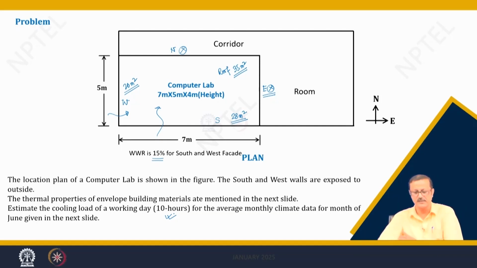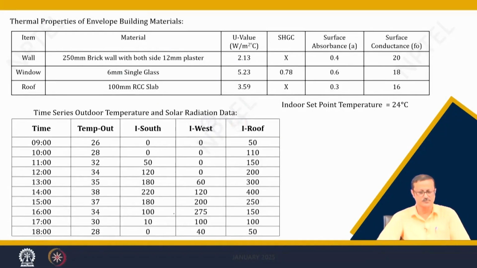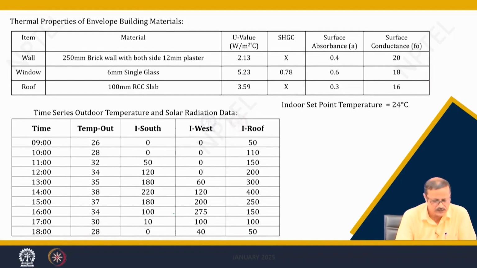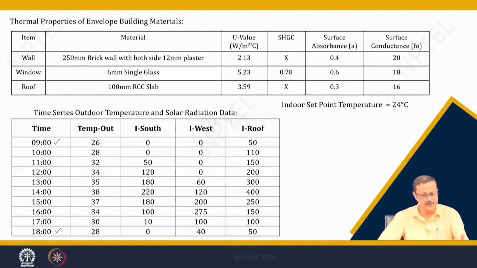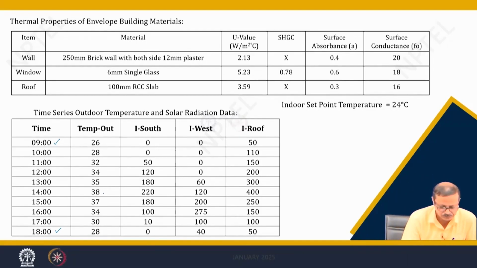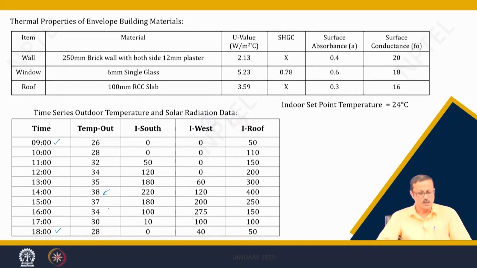Average monthly climatic data of some month is given, for the month of June suppose. The time series data is given from morning 9 to evening 6. The outdoor temperature starts from 26 degrees and goes as high as maybe 38 degrees at 2 o'clock, and then it comes down again. We are also given the solar radiation on the southern side, the western side and the roof.